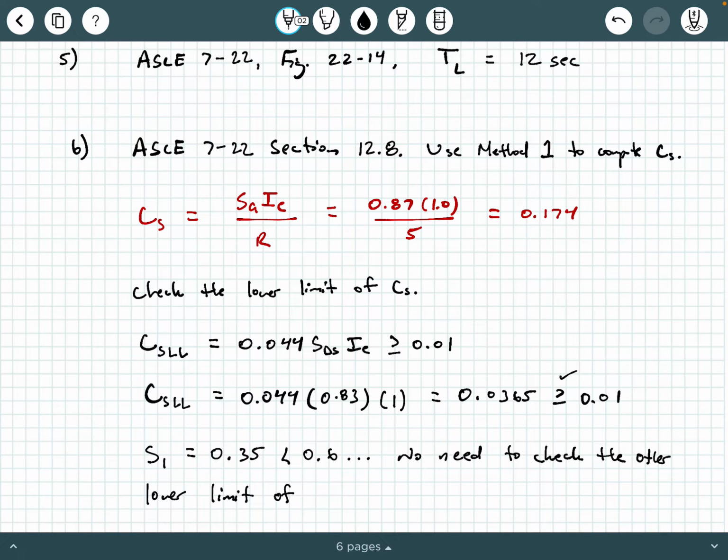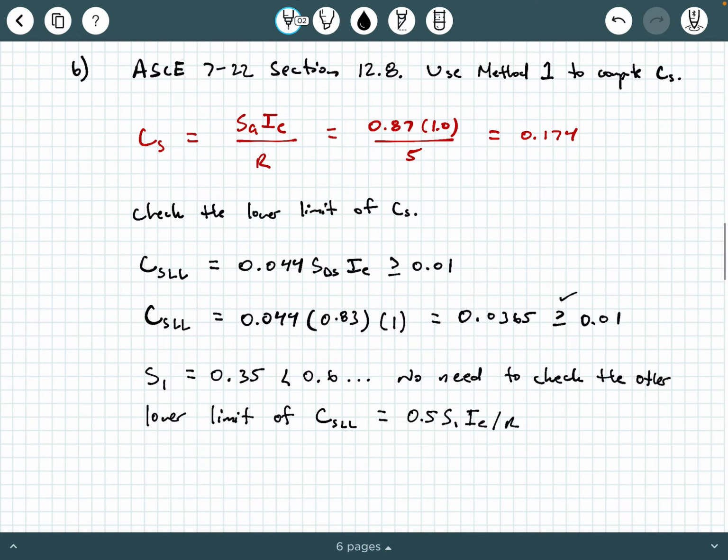I'm just going to write it here for your reference, but we don't need to check it. The other lower limit is 0.5 S1 I sub E over R, okay? We don't need to check that because our S1 value from the ASCE 7 hazard tool was less than 0.6, but if it was bigger than 0.6, we would have to check that, and also confirm that we do not go below this additional lower limit, all right?